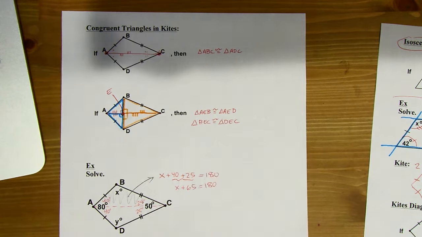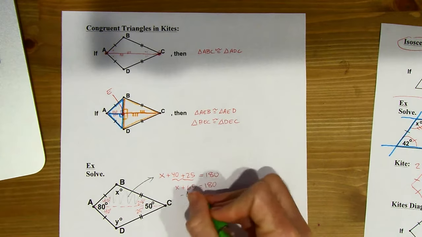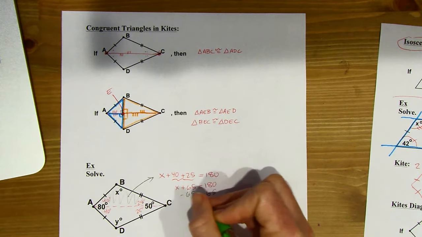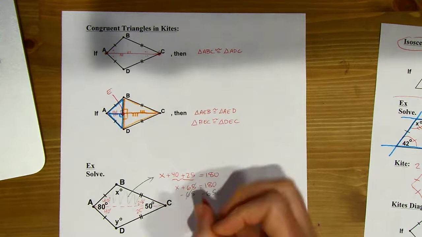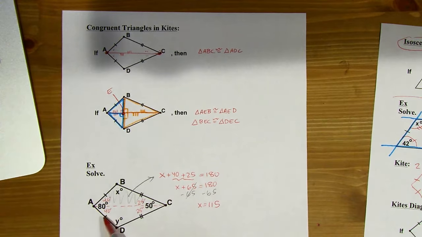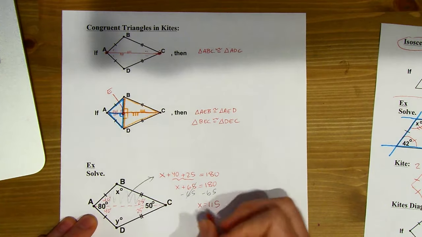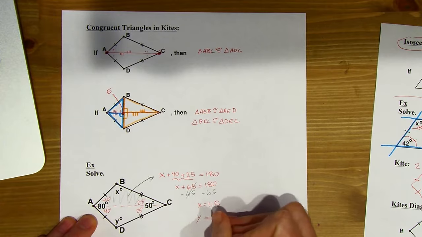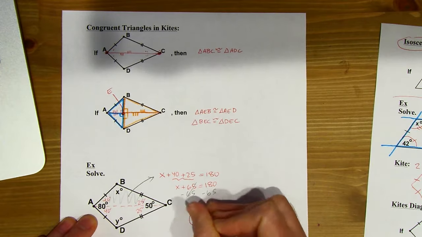I'll subtract 65. And then I could do the same calculation with y, but it's the same numbers, right? x and y are going to be congruent to each other because I'd still have y plus 40 plus 25 equals 180. So both x and y are going to be 115.